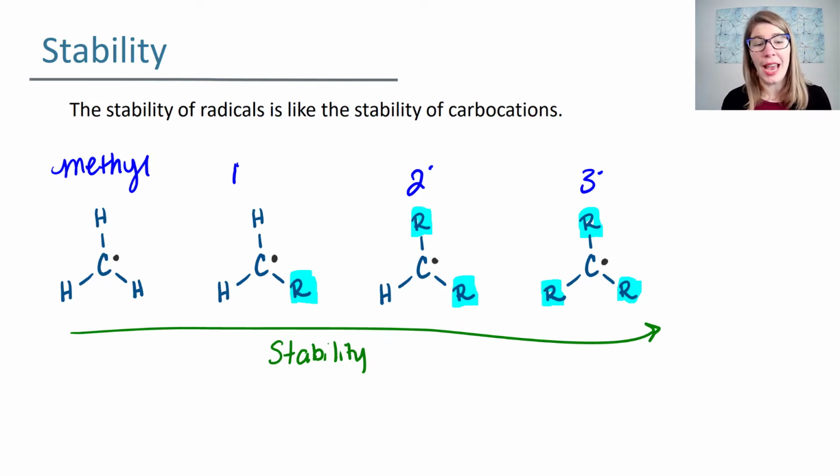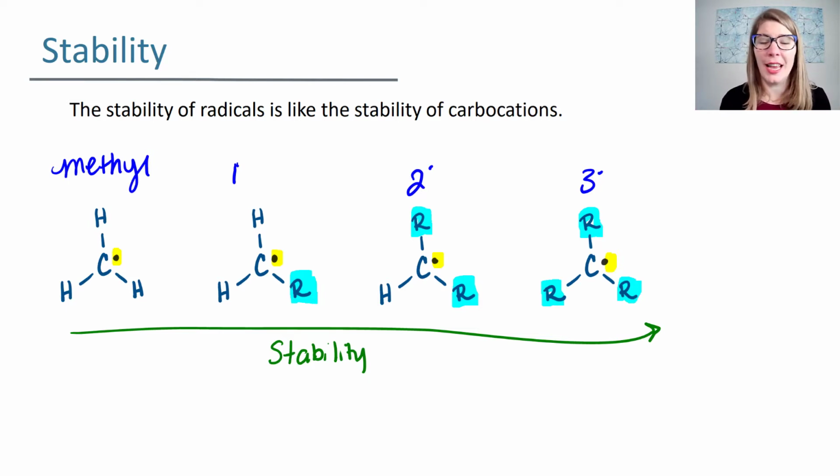just like how for carbocations, instead of having that radical, that lonely electron that I'm highlighting in yellow, you had a lack of electrons there, so you had a positive charge when you were trying to classify your carbocations.